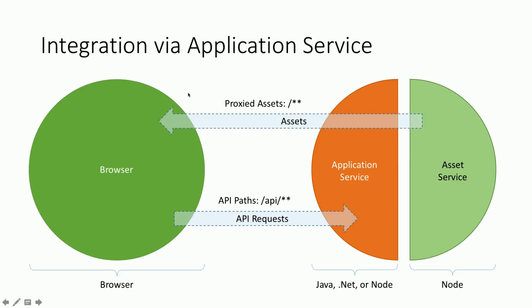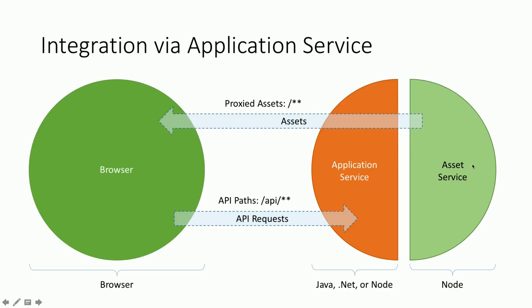So let's move on to the next scenario, integration via application service. In this case, you have two separate processes, as indicated by half circles here. Full circle represents your application. The half circle represents a particular component of your application. So you have your application service component, which handles API requests.